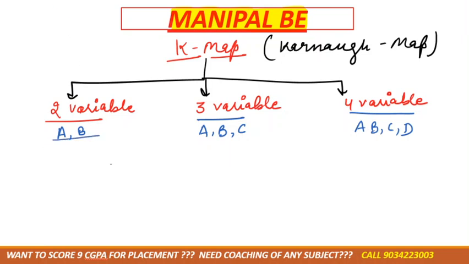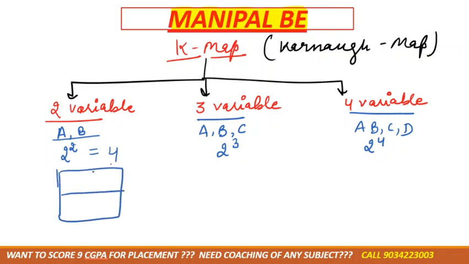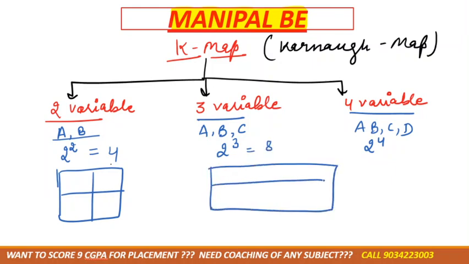So for 2 variables, how many boxes will we have? 2 raised to the power 2. For 3 variables we'll have 2 raised to the power 3 boxes. For 4 variables we'll have 2 raised to the power 4 boxes. 2 raised to the power 2 means 4, so we'll have 4 boxes like this. 2 raised to the power 3 means 8, so we'll have 8 boxes like this, 2 rows and 4 columns.